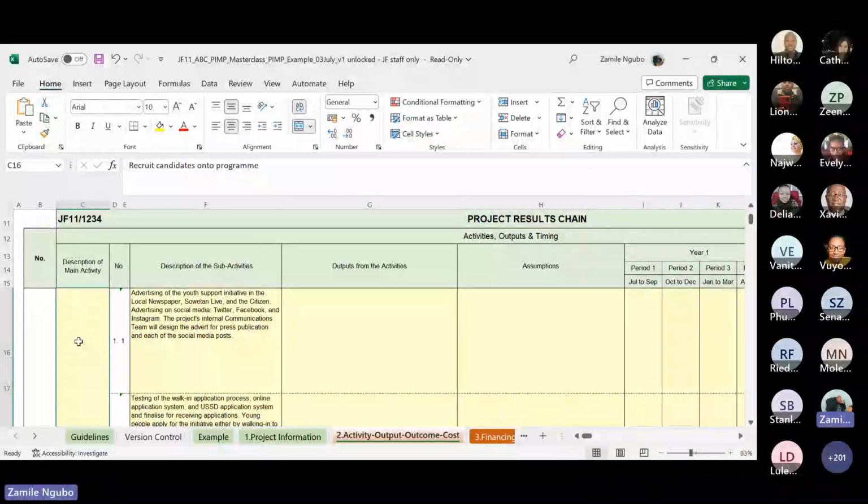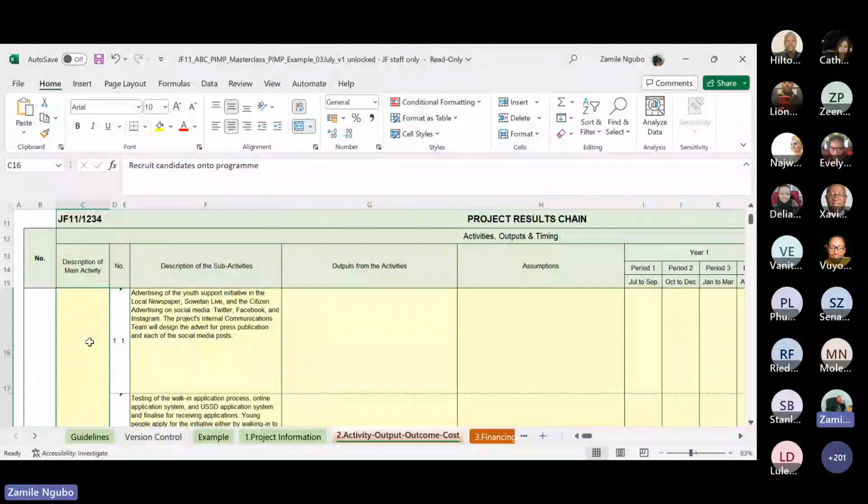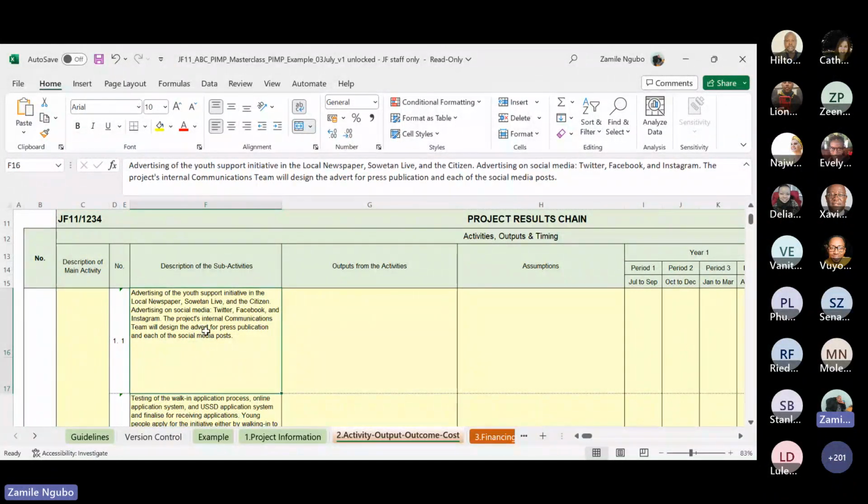So the first task that we had to do was to identify the main activity category. As you can see here, in this skills development program, we have to recruit candidates onto the program. So we have put that as an activity category. It's a broad milestone. Then there are associated sub-activities that will assist.